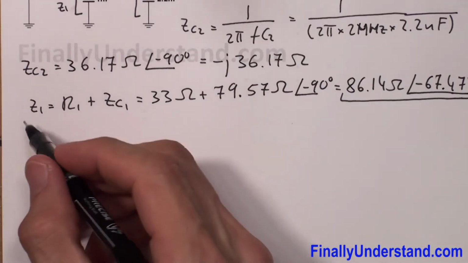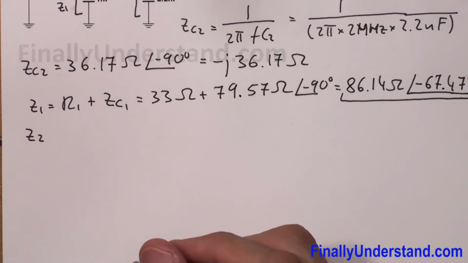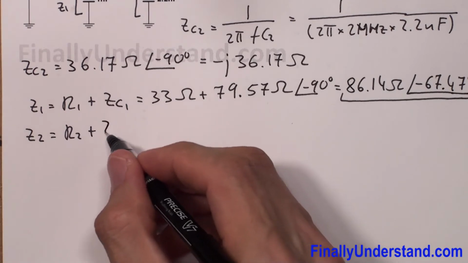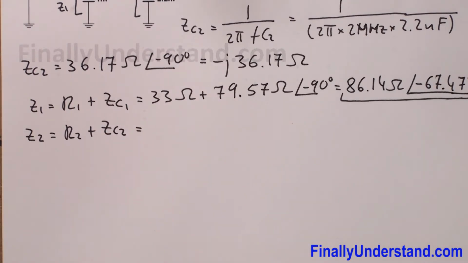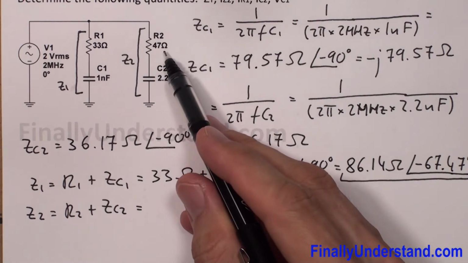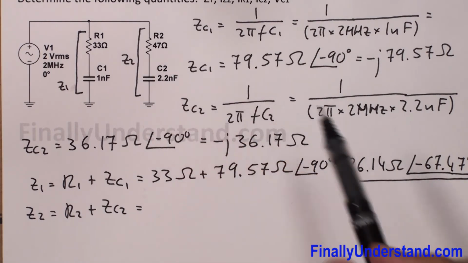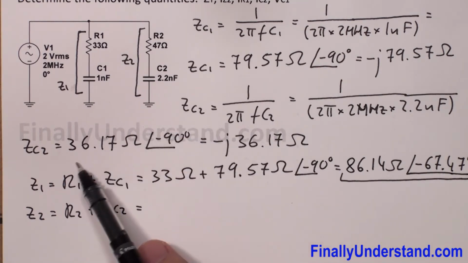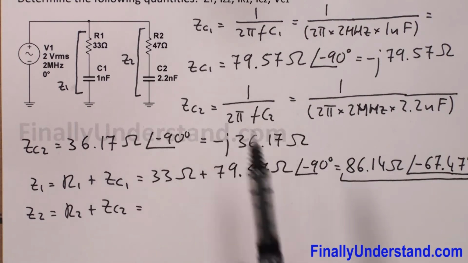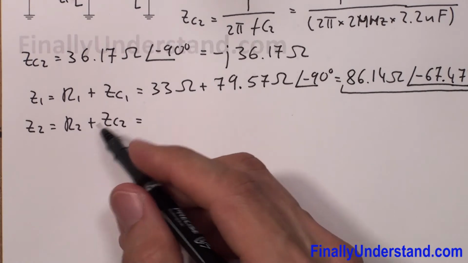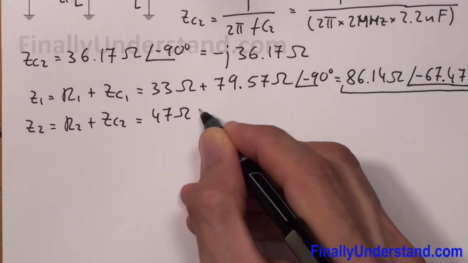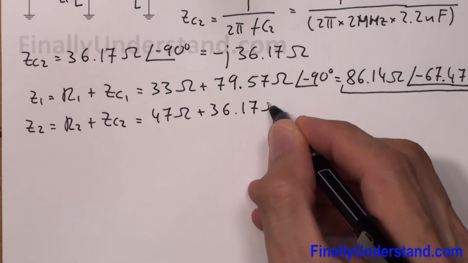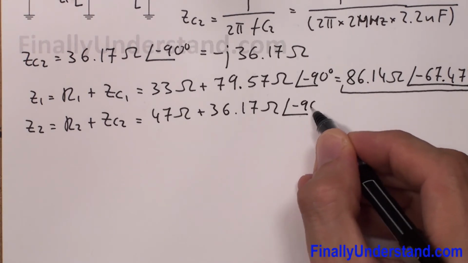Next, I'm supposed to find Z2. Z2 is R2 plus ZC2. R2 is 47 ohms and the impedance of capacitor C2 is equal to 36.17 ohms. So I have R2 is 47 ohms plus 36.17 ohms and angle of negative 90 degrees.